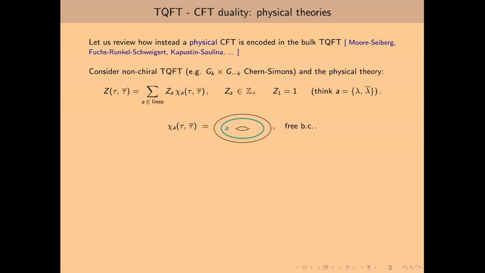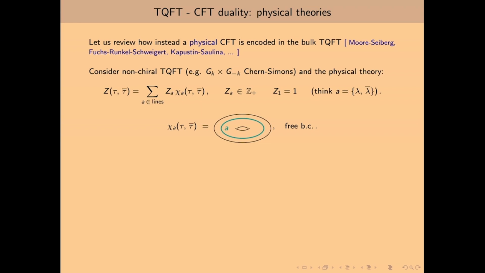In this case you have to consider some non-chiral TQFT, because of course if you have a chiral central charge, you cannot have a modular invariant answer. So, for example, G_k times G_{-k} Chern-Simons. And what is a physical theory? For example, on the torus, you need some sum of characters with some matrix here, which is modular invariant.